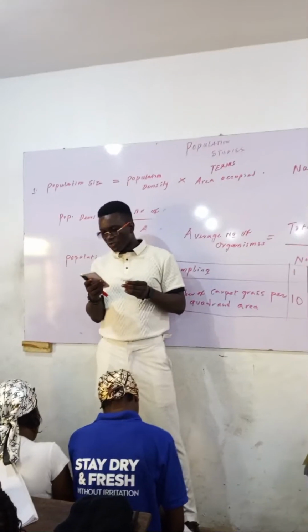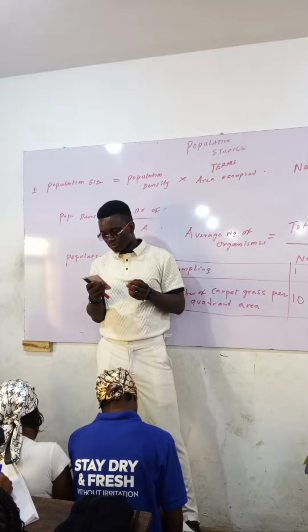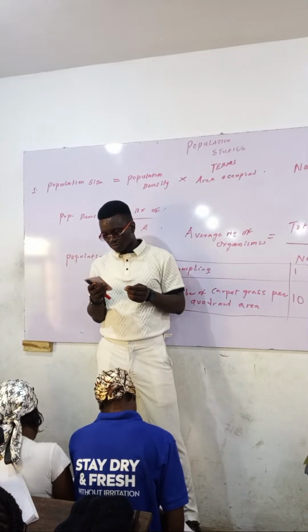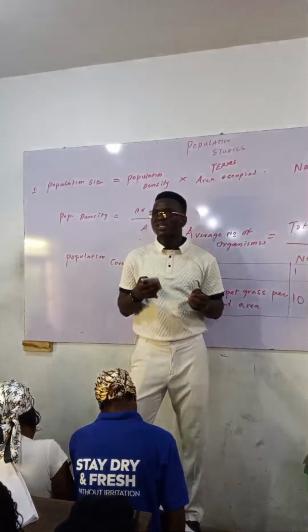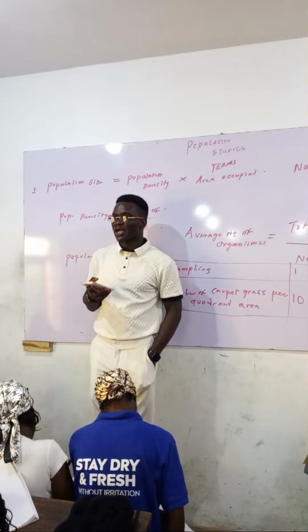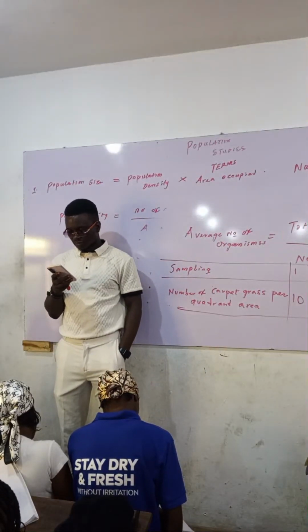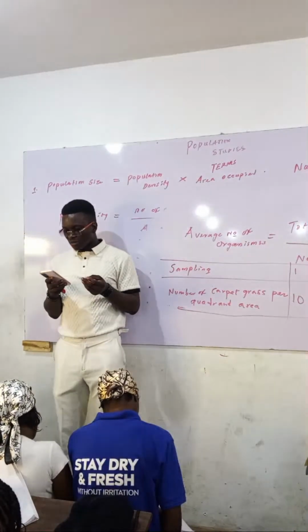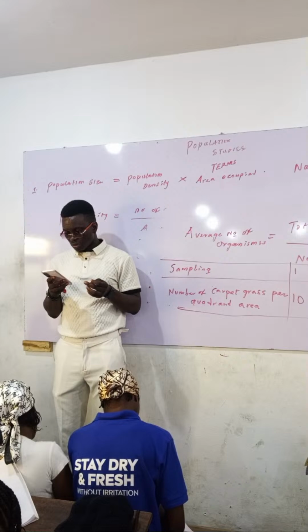If the area of field studied is 200 meters squared, calculate the population density of the carpet grass.